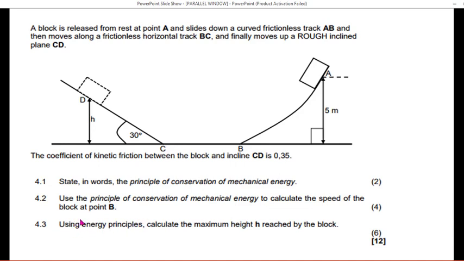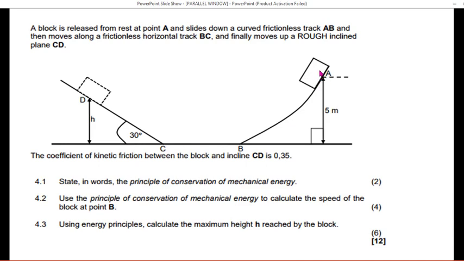Now, what are energy principles? Energy principles are basically two, and the first one is what we used in calculating this, which is the principle of conservation of mechanical energy, which is applicable when the system is isolated.